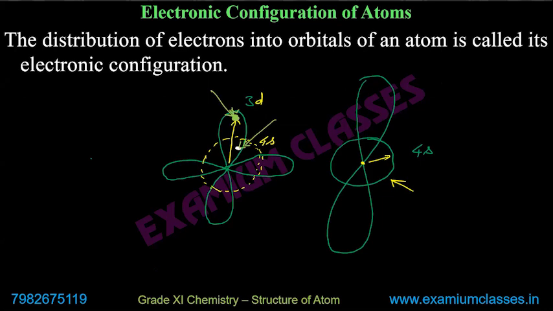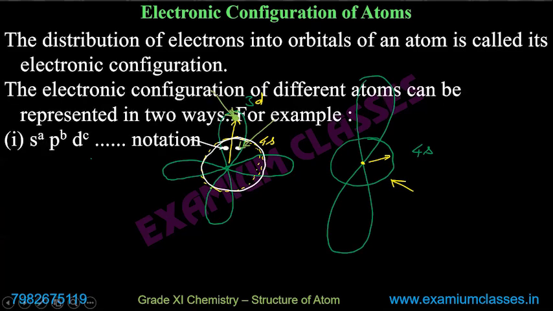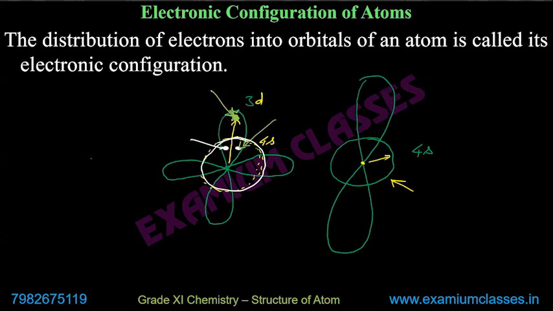Earlier, two electrons were in 4s and only one electron was in 3d, one of the 3d orbitals. Now this electron from here moved to 3d.